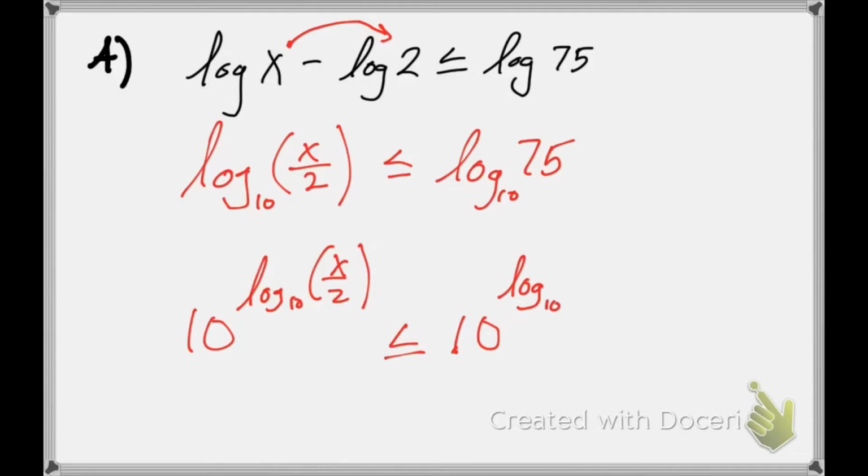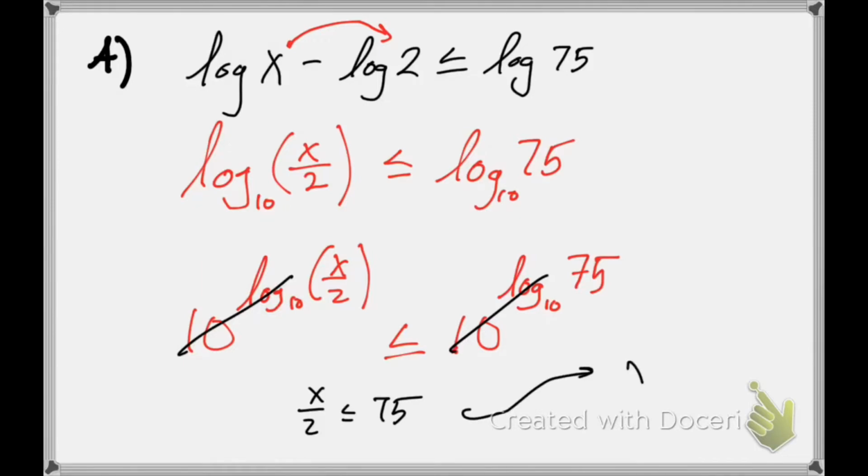So make the logarithm the exponent, and since they both have the same number right there, the logarithm and the 10, they cancel out, and I'm left with x over 2 is less than or equal to 75, and now it's just basic algebra. Multiply both sides by 2, and you get x is less than or equal to 150. And that's my answer.